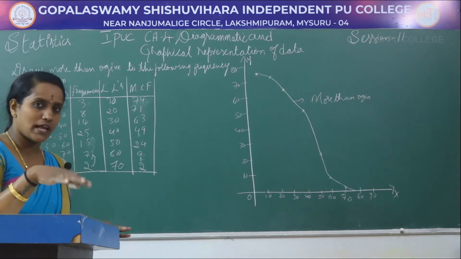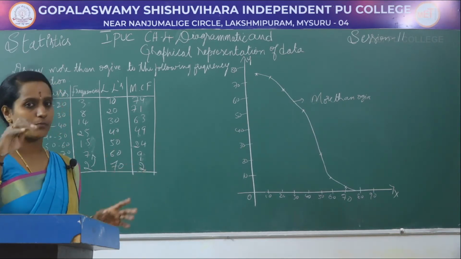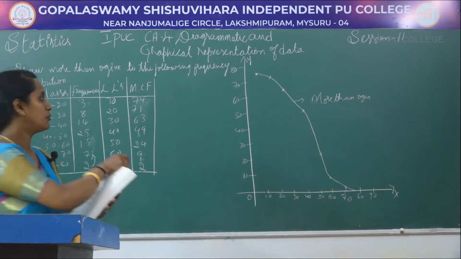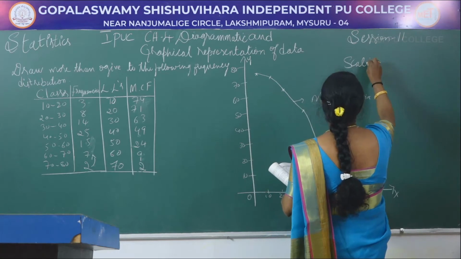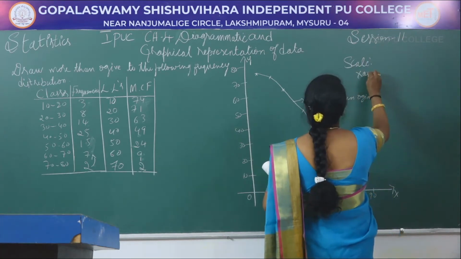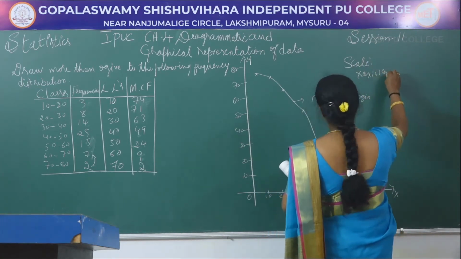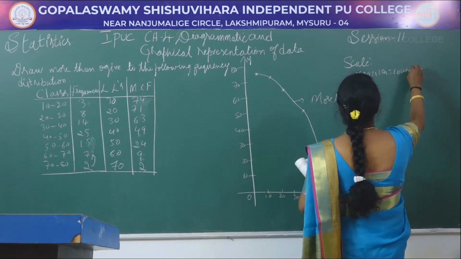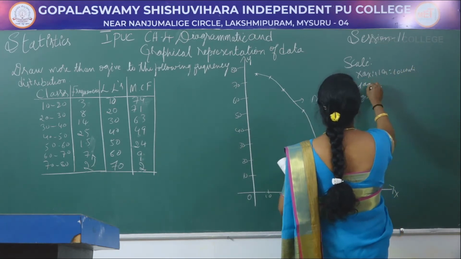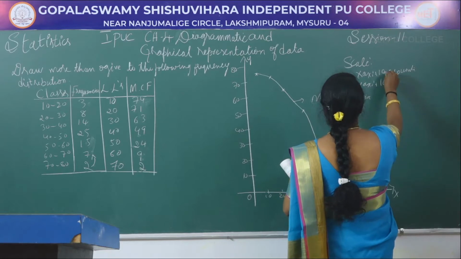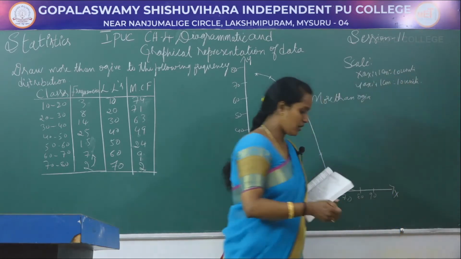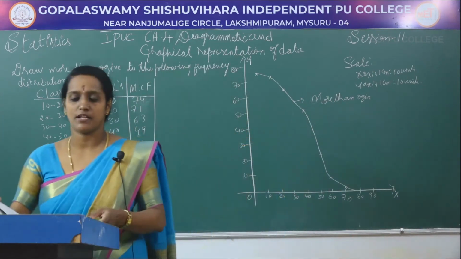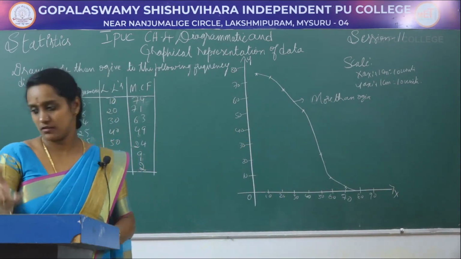If you use graph sheet, you will definitely get a clearer picture. Now write the scale. X axis 1 centimeter is equal to 10 units. Y axis 1 centimeter is equal to 10 units again. Both in x and y axis we have taken the same scale.